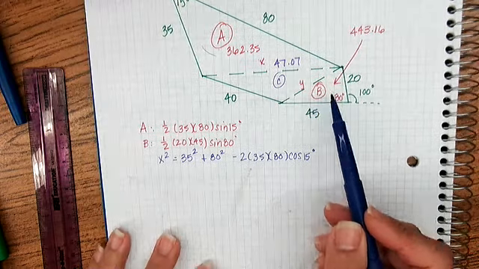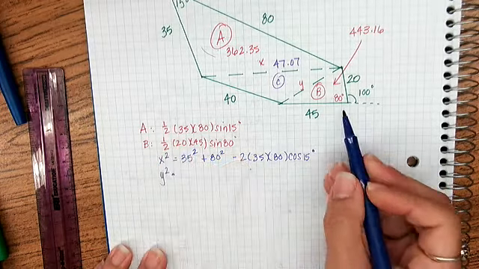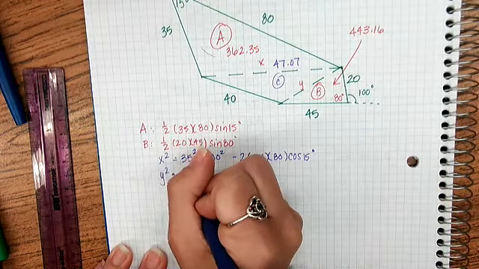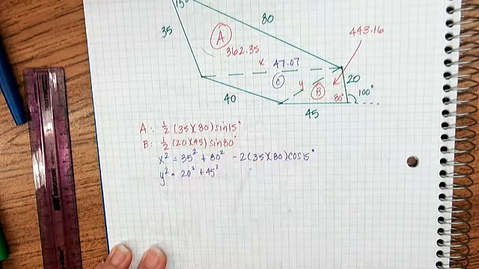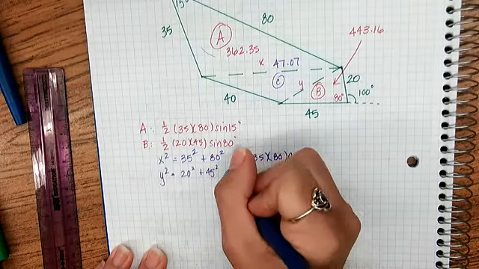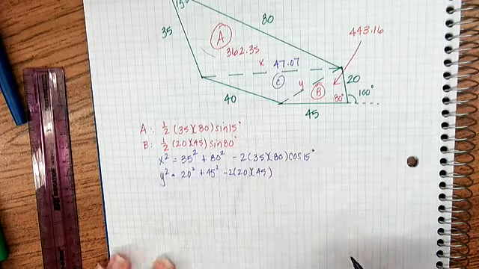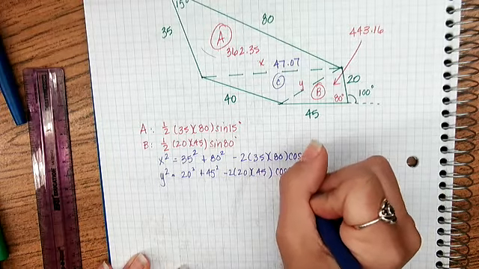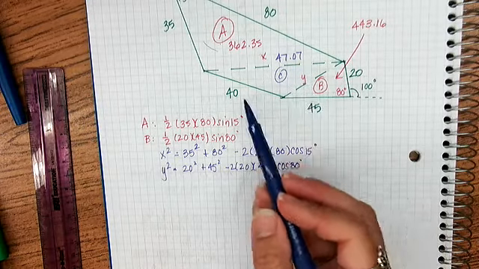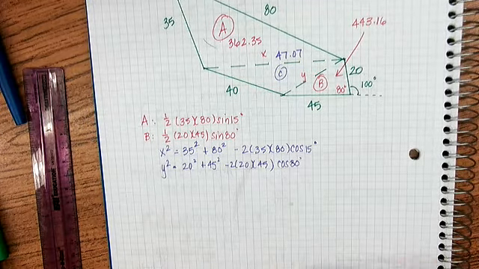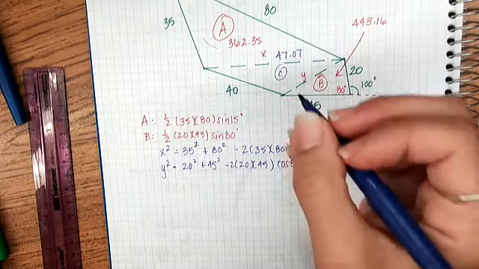So I'm going to use law of cosines again to find Y. So Y squared equals 20 squared plus 45 squared minus 2 times 20 times 45 times the cosine of 80. That's going to give me Y, and then I will use Heron's formula to find C. So go ahead and pause. 45.96.